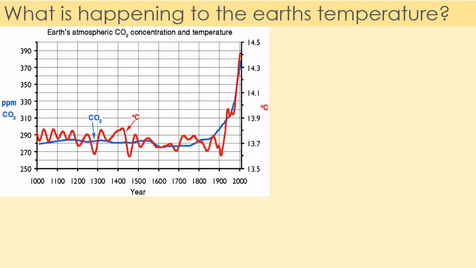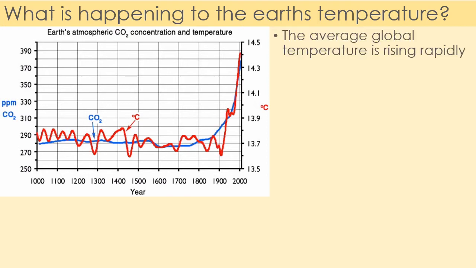Then around 1800, the amount of carbon dioxide starts increasing dramatically. It goes up very, very quickly. We notice at the same time that the Earth's average temperature also increases over that time. And we've seen that over the last, particularly the last 100 years, the average global temperature is rising rapidly.